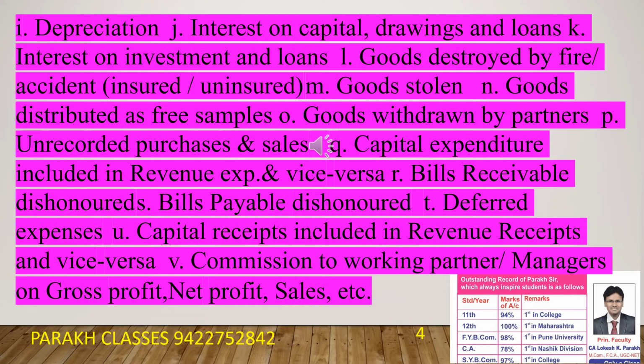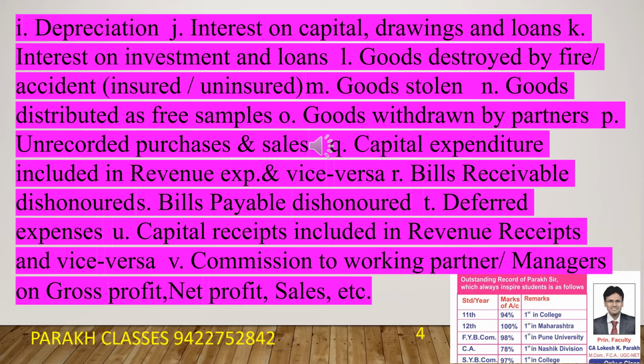Sometimes the capital expenditure, for example purchase of furniture, is wrongly recorded as revenue expenditure, for example repairs, and vice versa. Bills receivable dishonored, that is bounced. Bills payable dishonored. Deferred expenses, that is postponed. Capital receipts included in revenue receipts and vice versa.